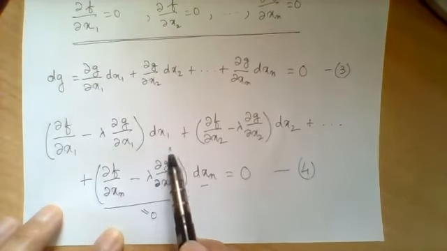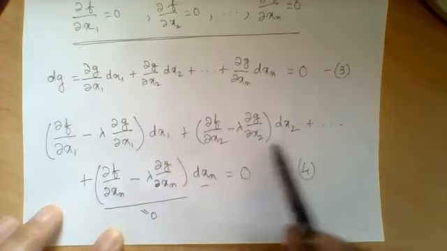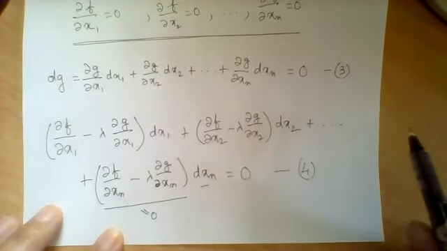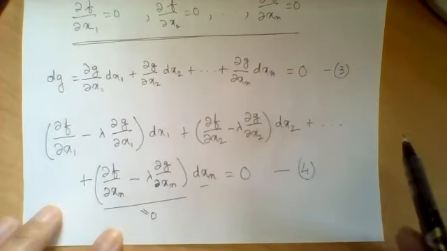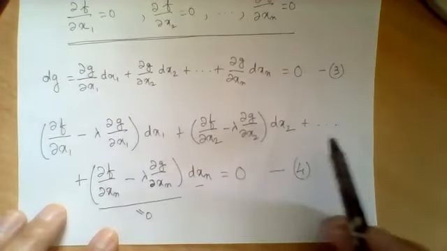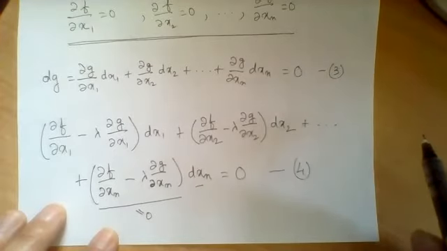Now this summation will go from dx1 to dx n minus 1. So there will be n minus 1 differentials, since x1 to x n minus 1 are independent of each other.